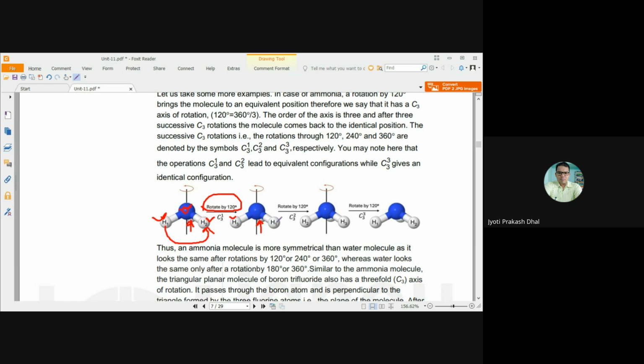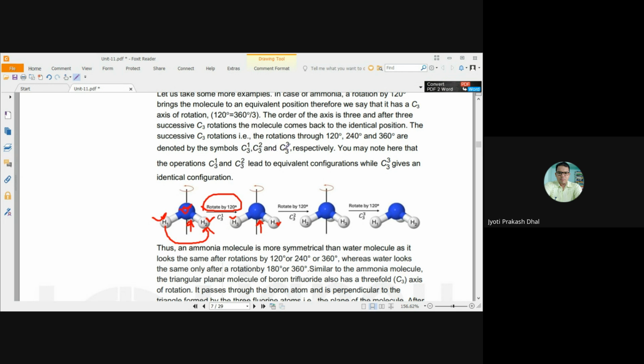So H1 will move to the H2 position, H2 will move to the H3 position, and H3 will move to the H1 position. After rotation by 120 degrees, we get an identical structure.